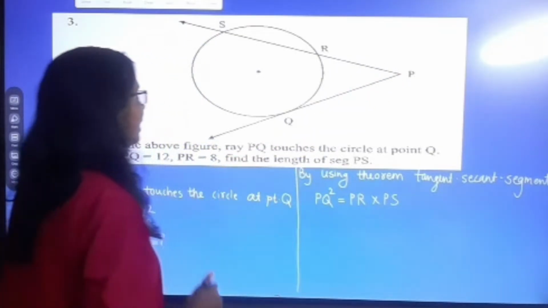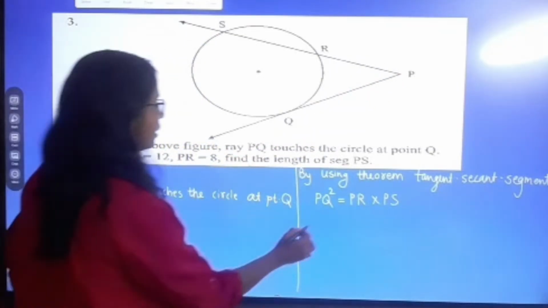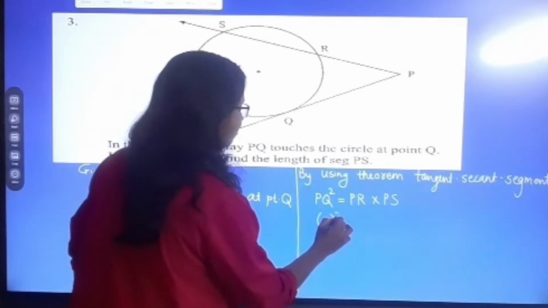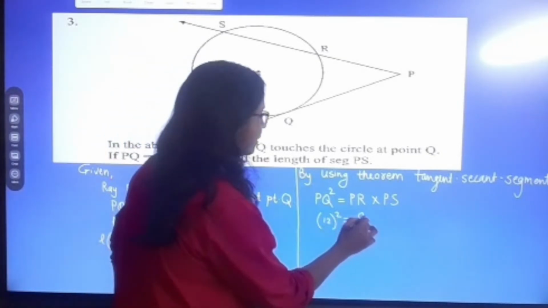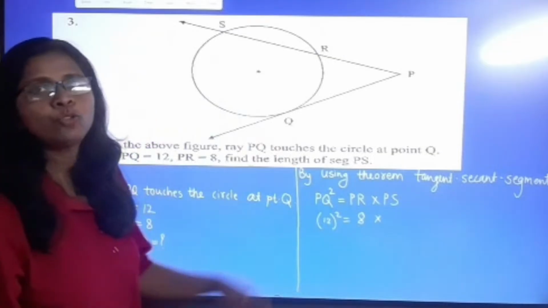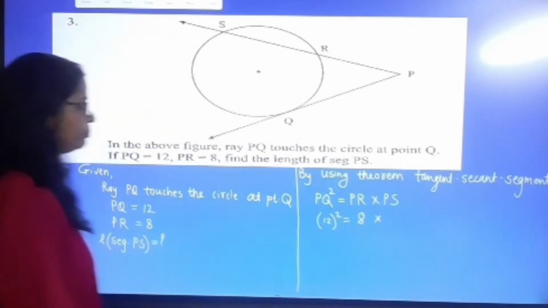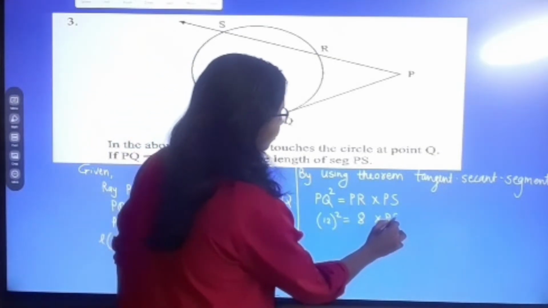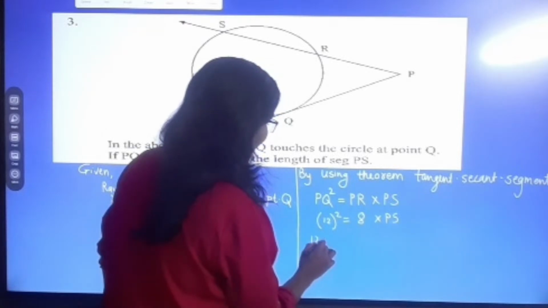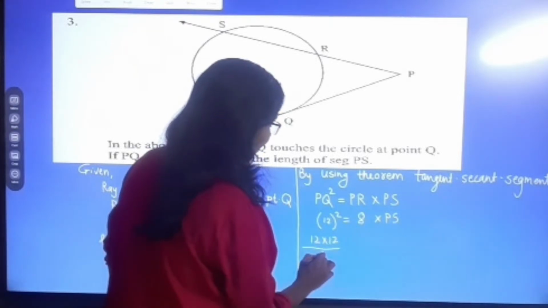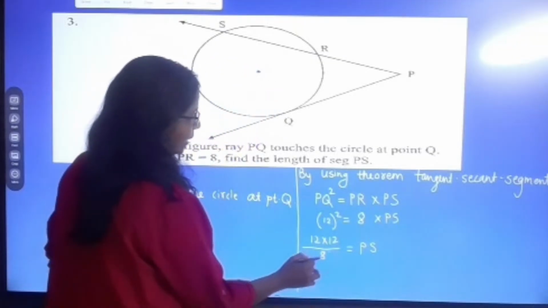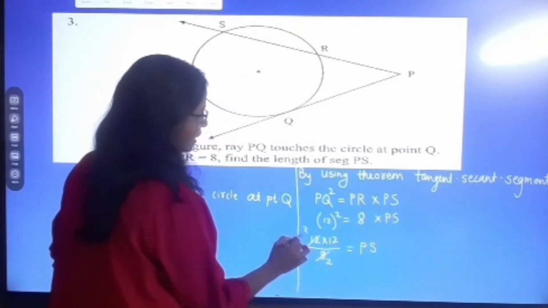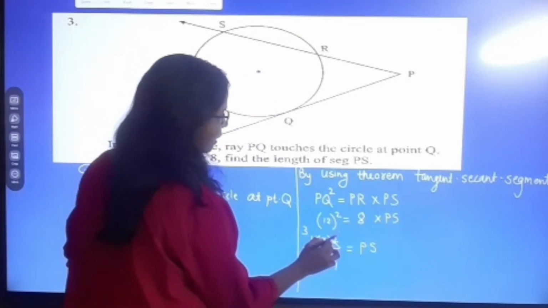So here we have PQ, so square of 12, students, which is equal to PR, PR is equal to 8, multiply PS. So we have to find out PS. So here 12 multiply 12 divided by 8 is equal to PS. So here, students, 4 twos are 8, 4 threes are 12, 2 sixes are 12.